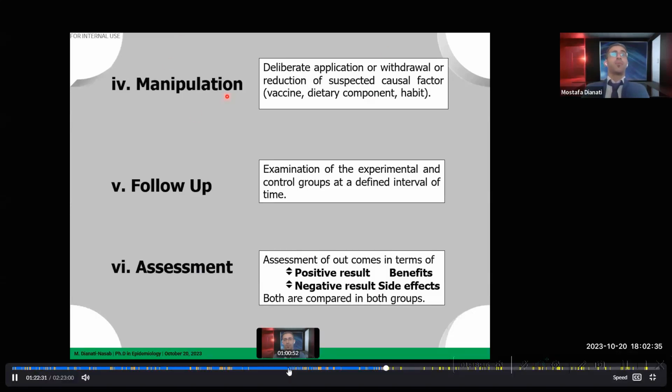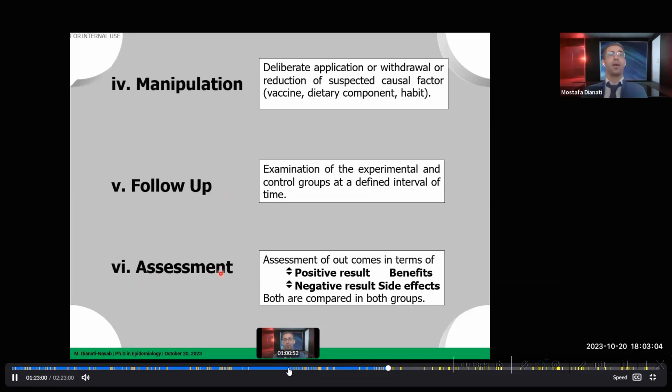For sure, we have manipulation in our, for example, intervention. And then we have a key factor here, which is follow-up. Same as cohort studies, we also have follow-up in order to make sure that the effect of this exposure has already happened, and we can see the main effects of this intervention on the disease.